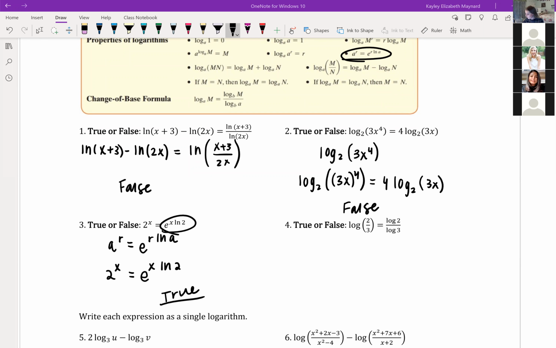Okay, so we've got about 3 minutes left. So I want you guys to just attempt number 4. Just attempt this one, see if it's true or false. And when you finish, send me a private chat just saying true or false, depending on what you get.